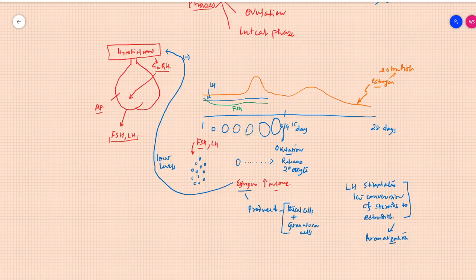So not only is it due to the increase in size, it's also because of the stimulation of the granulosa cells by the LH, which results in increased estradiol levels here.